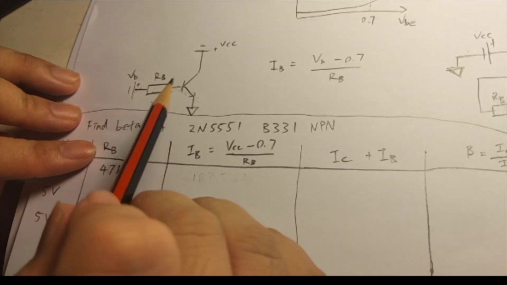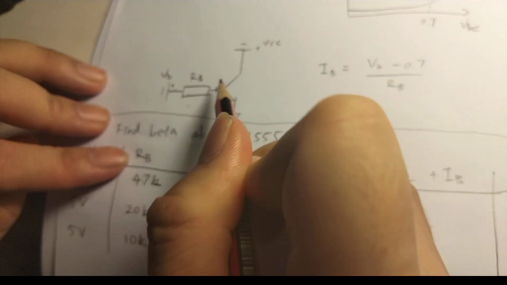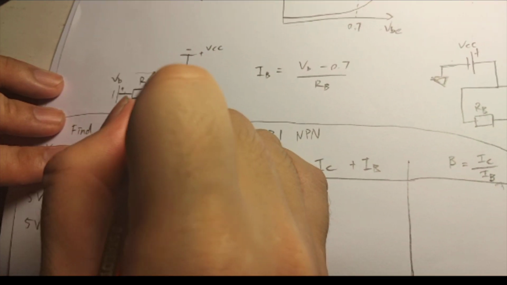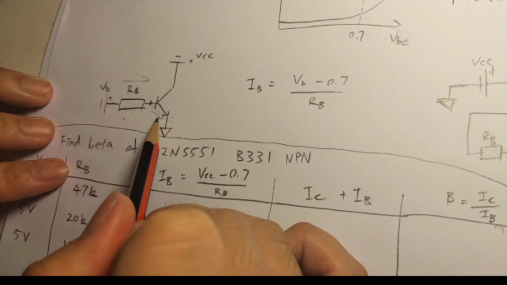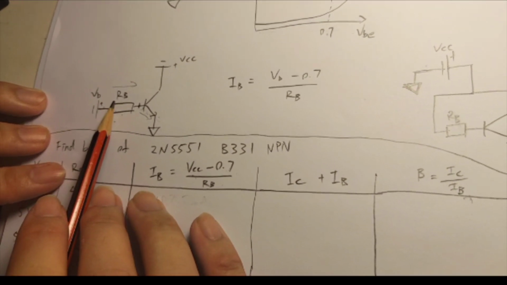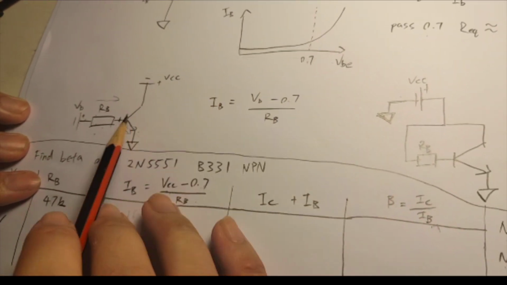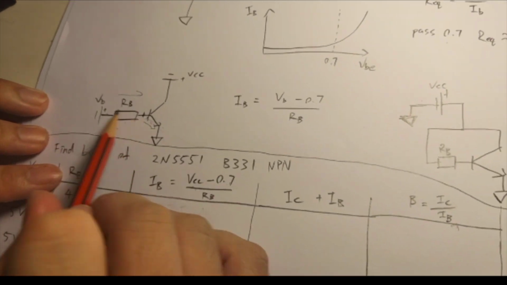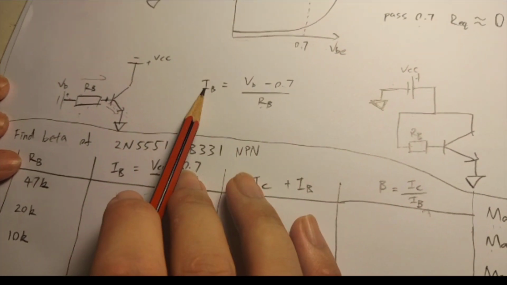So therefore, you can do a Kirchhoff's current law at this point, which means that whatever current flows through this resistor is the current flowing through the base. And the current flowing through this resistor is therefore this voltage minus the 0.7 voltage drop, which is the voltage across here. The difference between these two voltages divided by the base resistor gives you the base current.